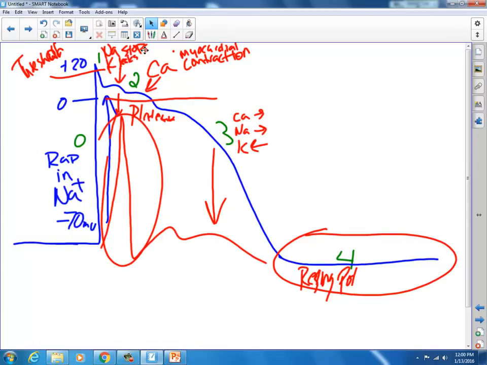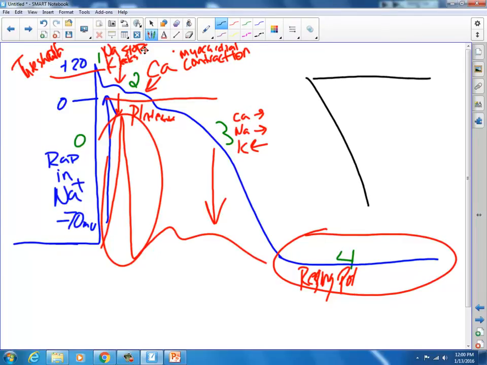So, last question. If I've got Einthoven's triangle, this is going to be my right arm, my left arm, and my left leg. If I am looking at an axis that's going from here to here, this is going to be what?